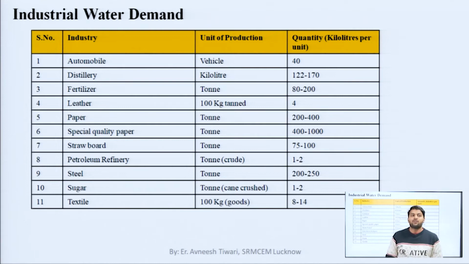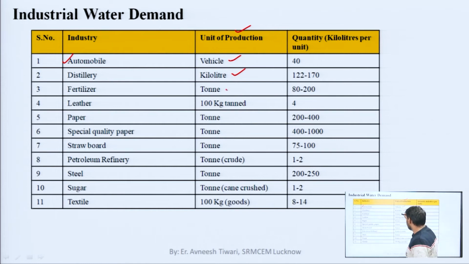Okay. Next is again a table showing the amount of water required in various industries. The first one is the automobile industry. Basically this column represents the units of production. Talking about automobiles, the production unit will be vehicles. In the distillery industry, the production will be in kiloliters.